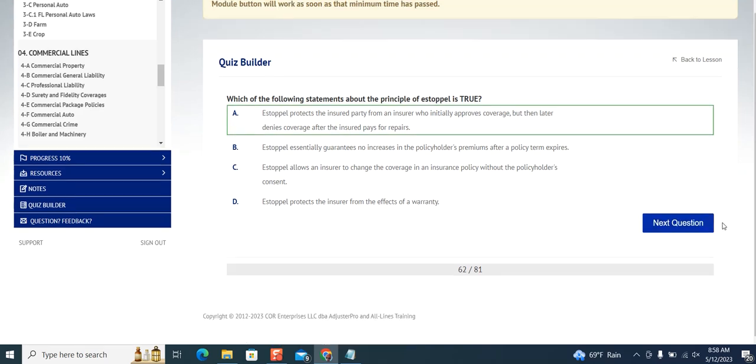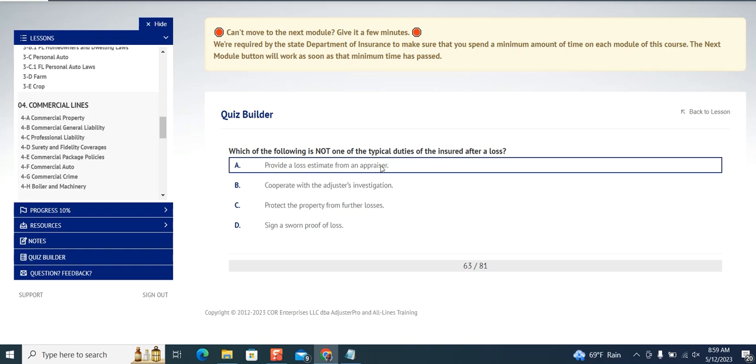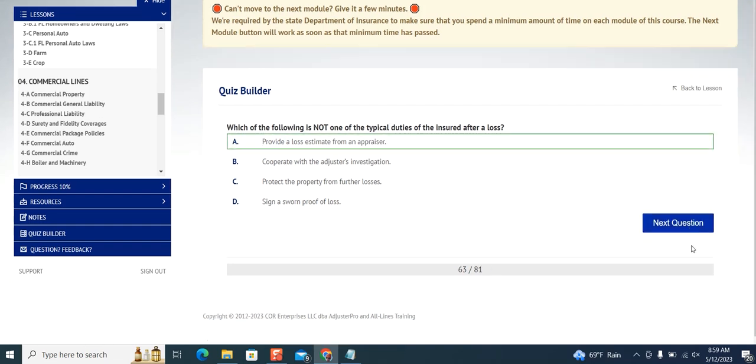Yeah, okay. I had to remember the definition. Which of the following is not one of the typical duties of the insured after a loss? Provide a loss estimate from an appraiser. Yeah, ain't got nothing to do with nothing right there.